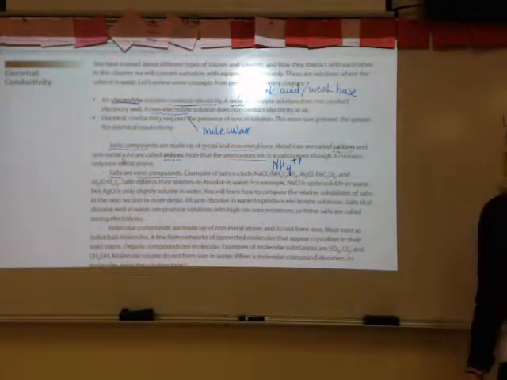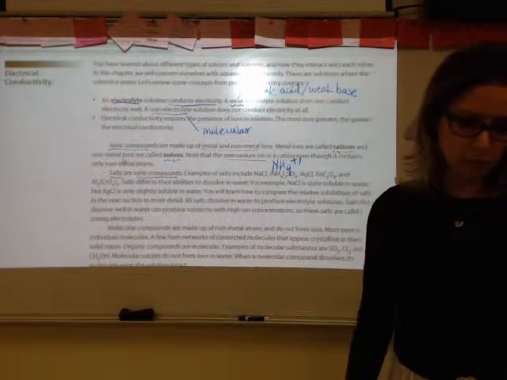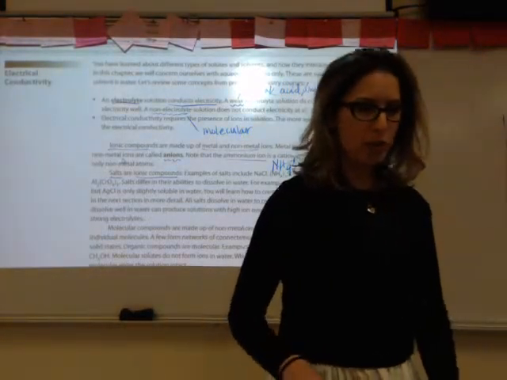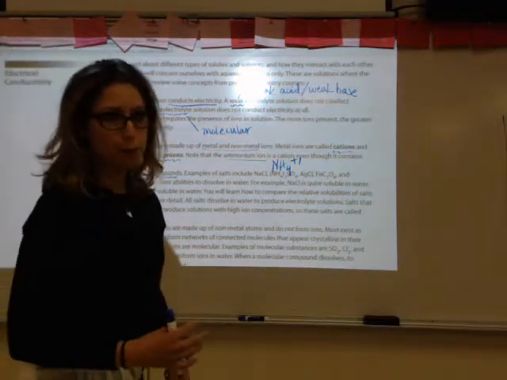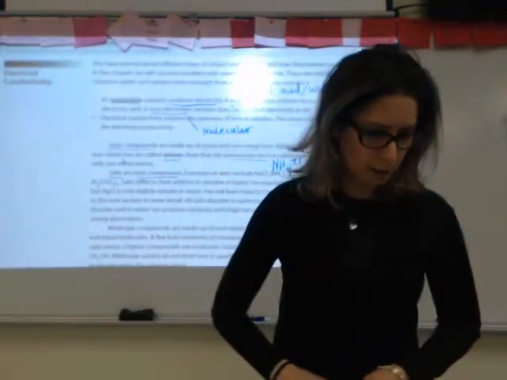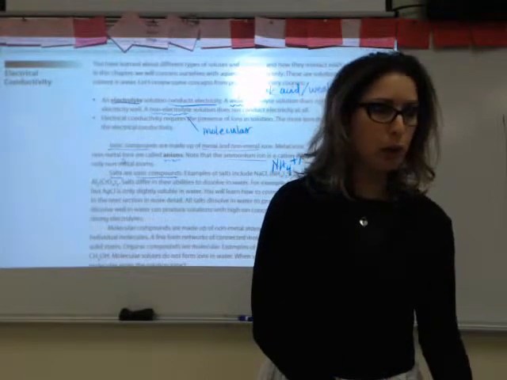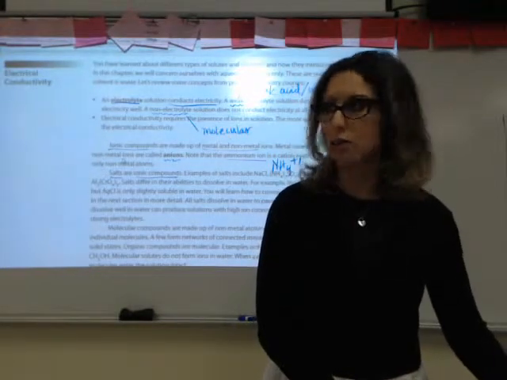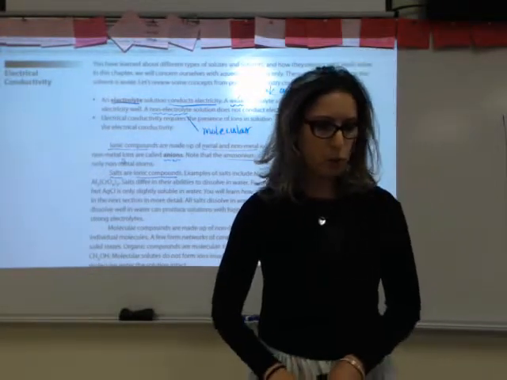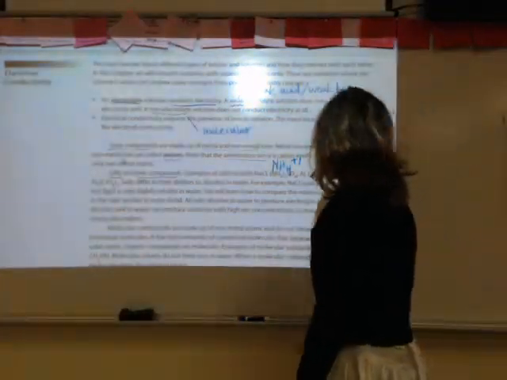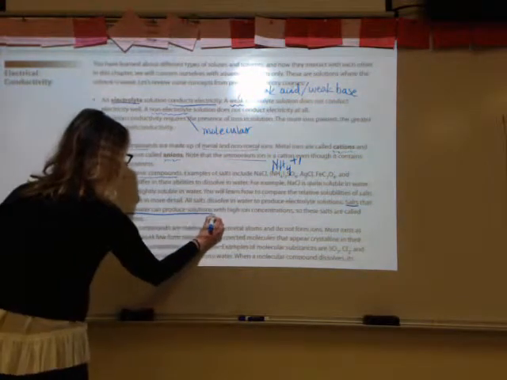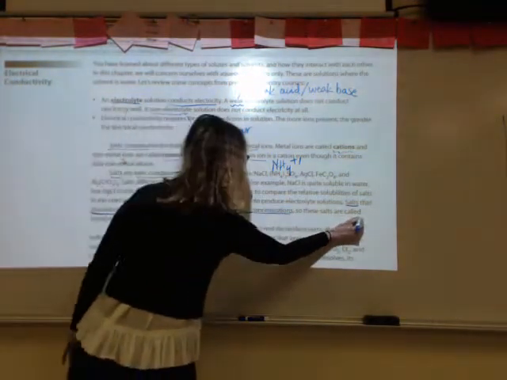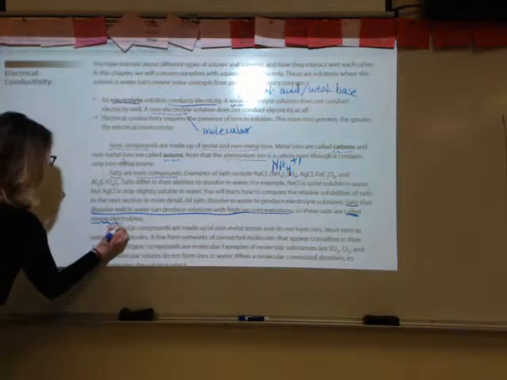Salts differ in their abilities to dissolve in water. Salts that dissolve in water will produce electrolyte solutions because they will have freely moving ions. So salts that dissolve really, really well in water will have a very high concentration of ions, and those salts are called strong electrolytes. So it says that right here.